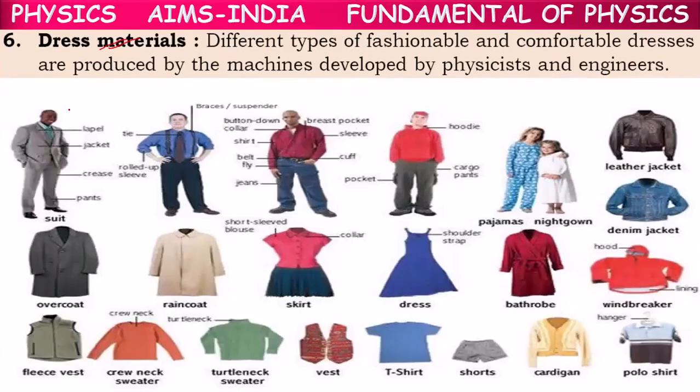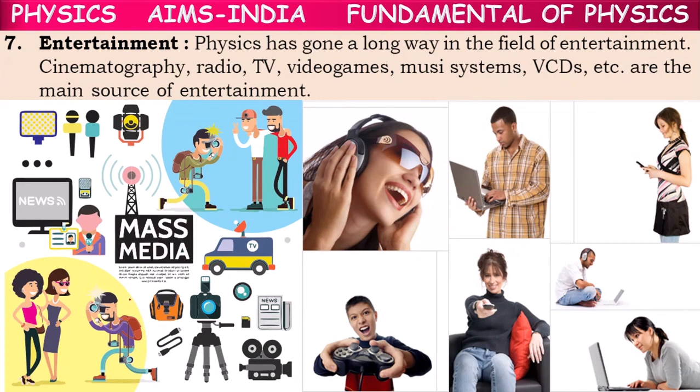Dress materials: different kinds of dress materials for design which are suitable for different seasons or different occasions. Entertainment: so many machines are invented like TV, radio, cinematography, video games to give us entertainment.